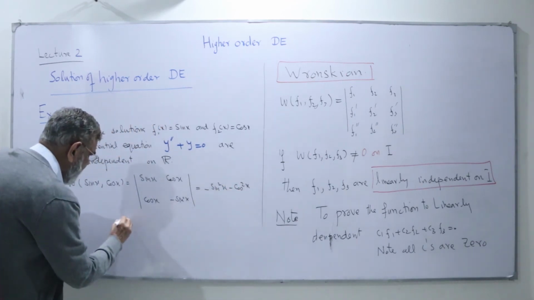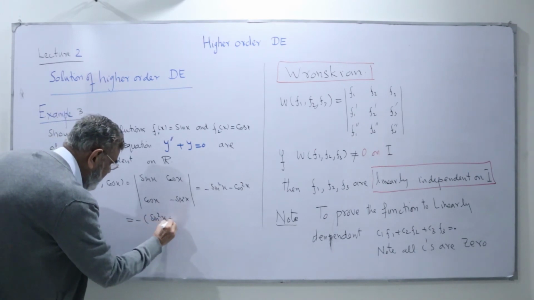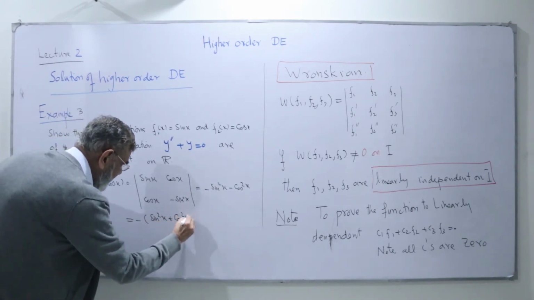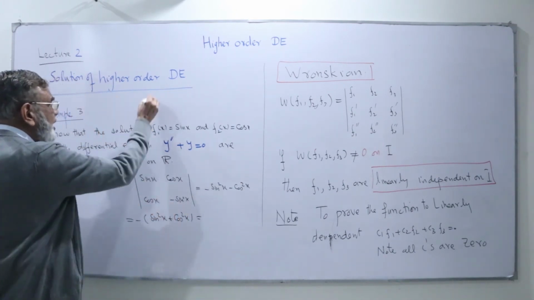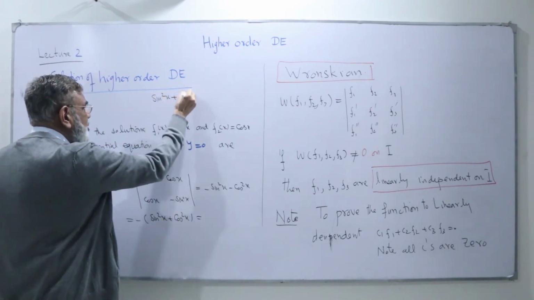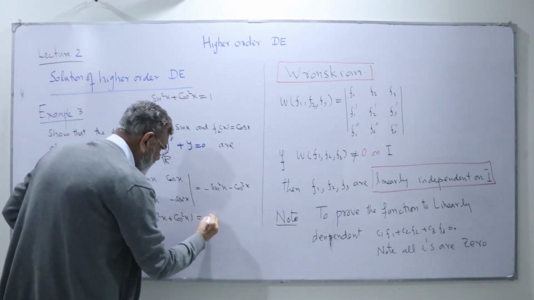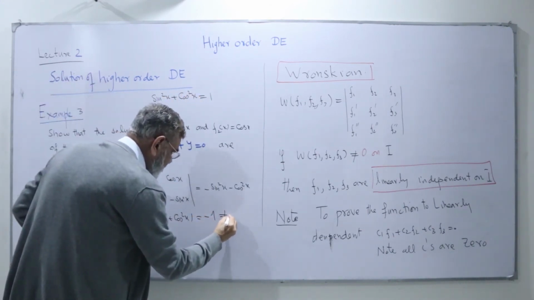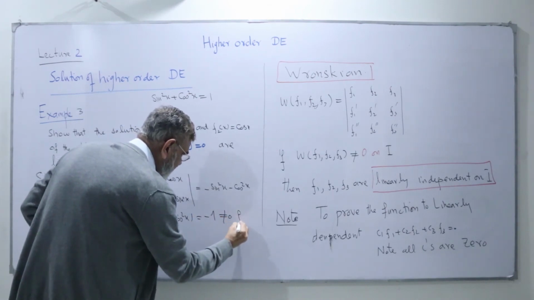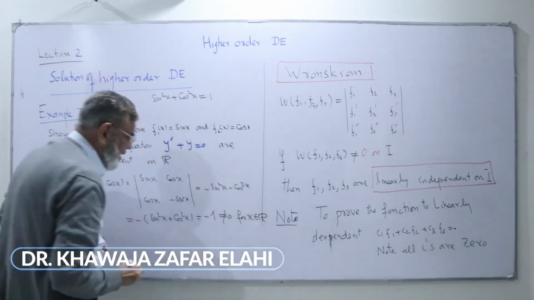We simplify this, take minus out. We get sine square x plus cosine square x, and we know from the trigonometric identity that sine square x plus cosine square x is equal to 1. We get minus 1, which is not equal to 0 for any x in R, the real numbers.